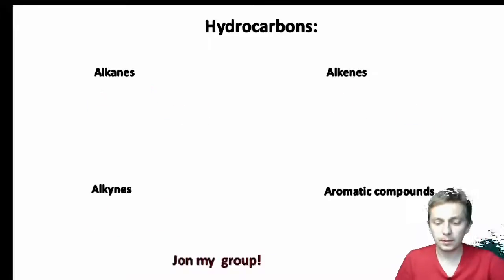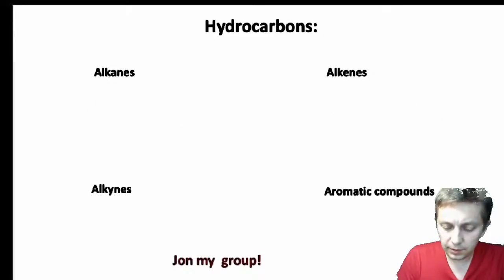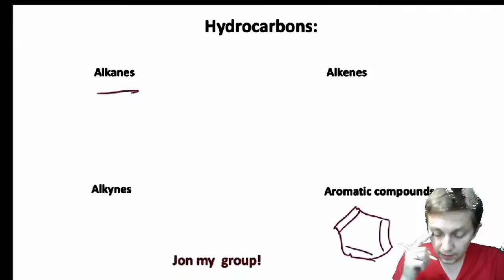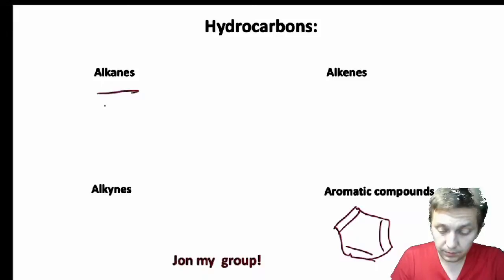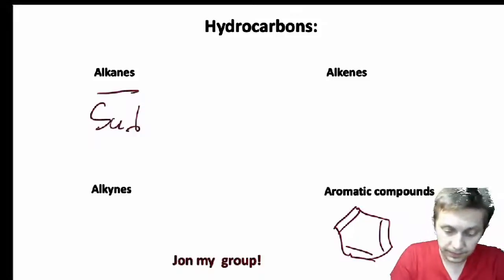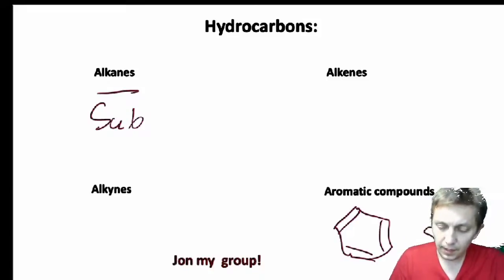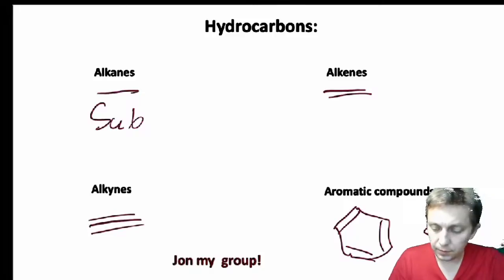two groups of properties. If you're dealing with a single bond or an aromatic ring, it's substitution. If we have a double bond or triple bond, we're dealing with addition.